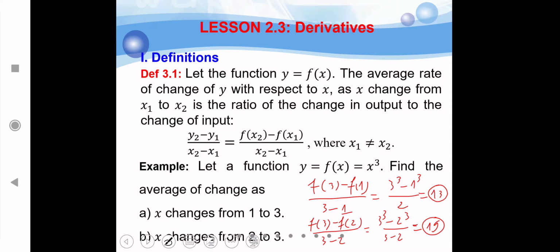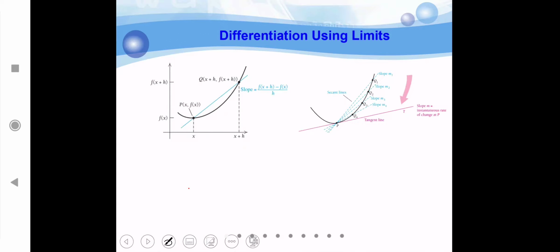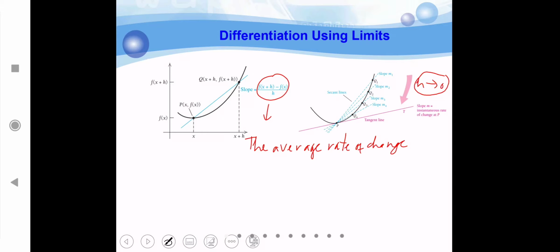Okay. Now we have another definition. When we did the average rate of change, if we take the h tend to 0, that means the Q1 moves to Q2, Q3, and it tends to P. Okay, so we imply the secant line P Q1 tends to PT.